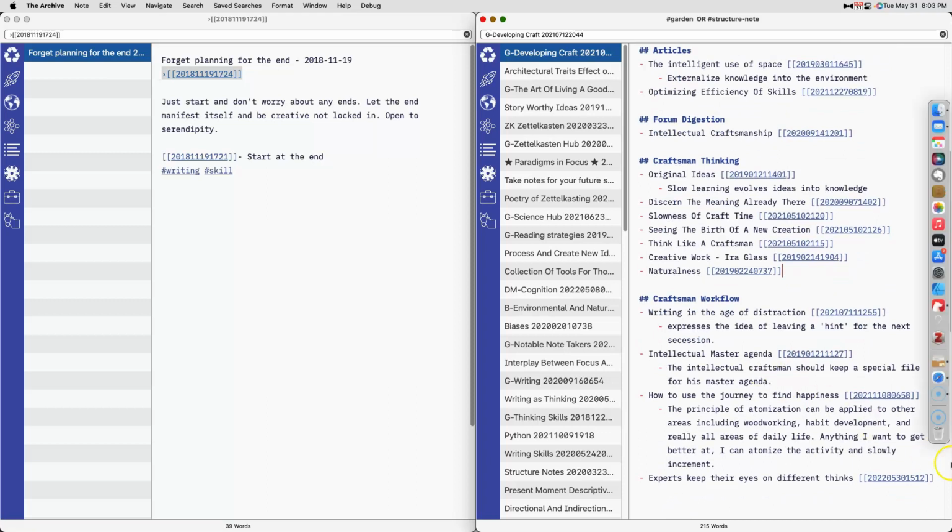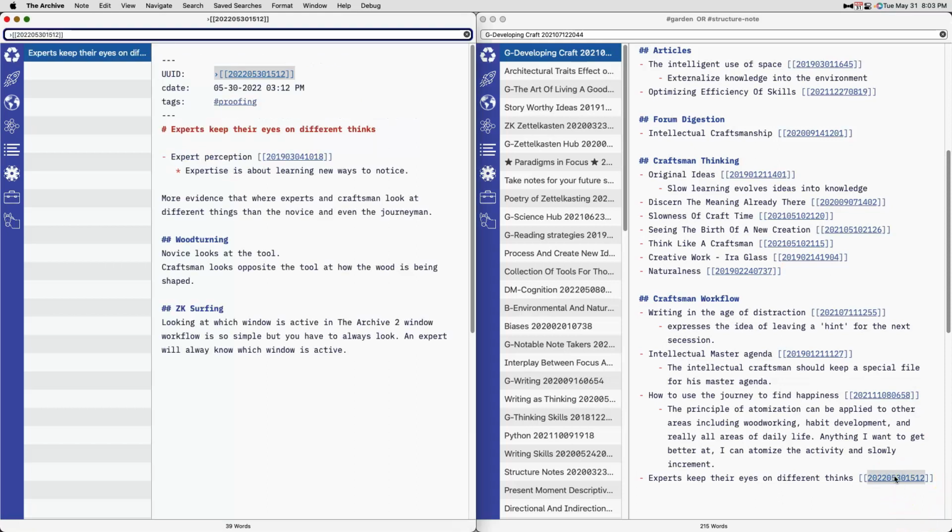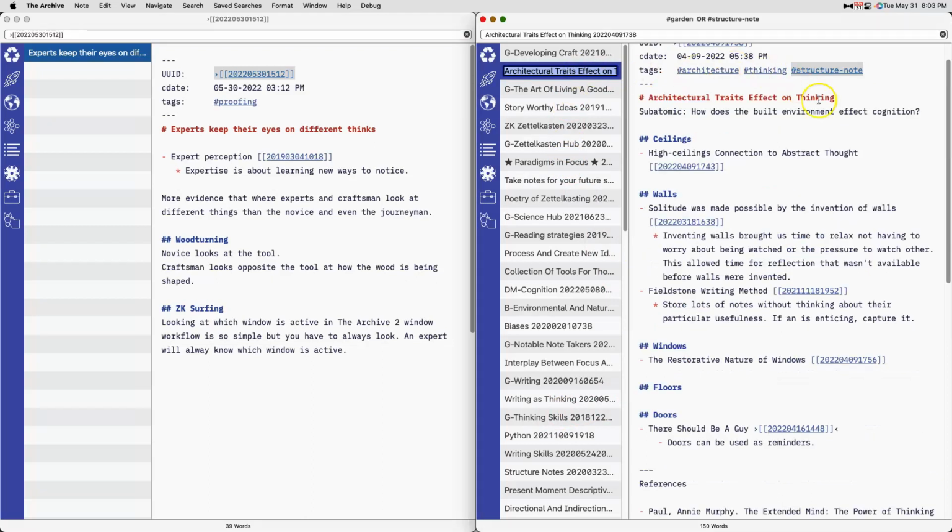Okay, so let's see here. Experts take their eye on different things. Interesting. Okay, let's take a look at this one here.